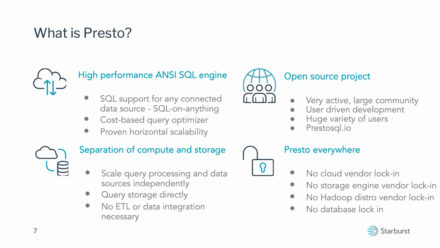Presto allows you to separate the compute and the storage. What we mean by that is the database that's being queried, or the file system, HDFS or some cloud file system, sits there independently, and Presto can query directly in those target systems, and the compute processing power scales separately.